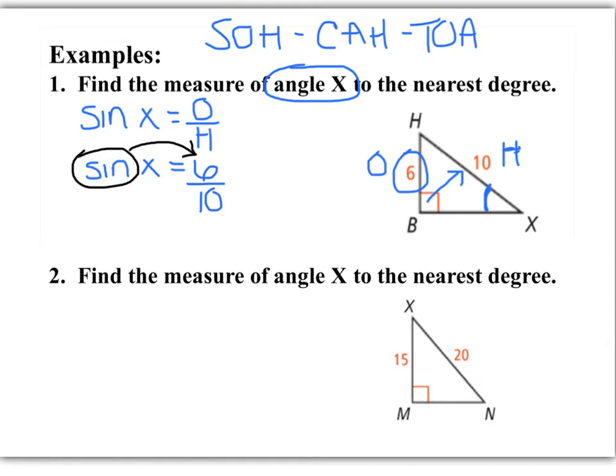When we move our sine function to the other side of the equation, it becomes our inverse sine. So I am going to bring my x straight down, and I'm going to move my sine to the other side of the equation as an inverse sine. So sine to the negative first. Now, the inverse sine is being taken of 6 over 10.